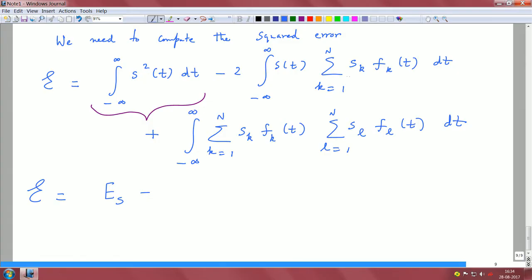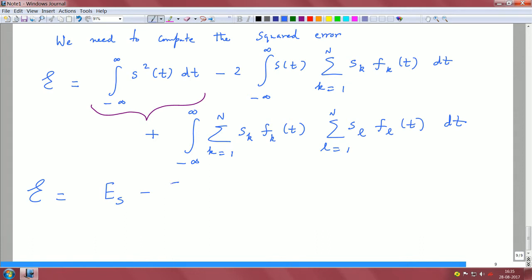Now what we have to think about is the sum k equals 1 to n of s_k, and think about s(t) with f_k(t). It is basically the projection of the signal s(t) with f_k(t), summed for all the components k equals 1 to n, right.